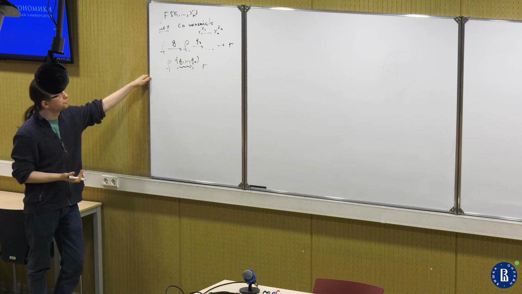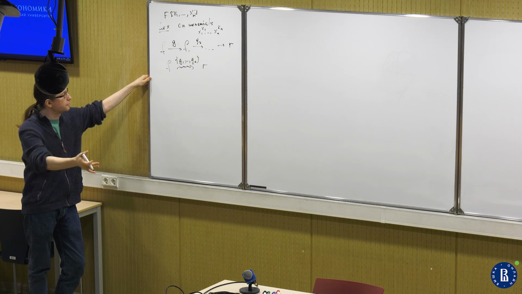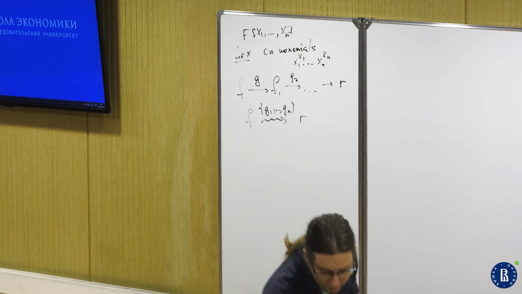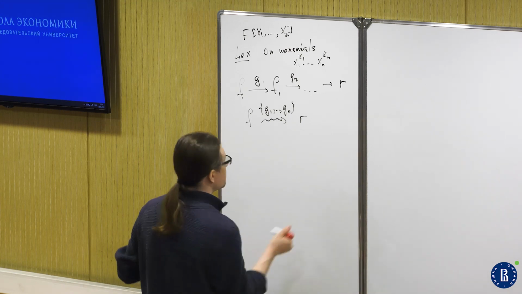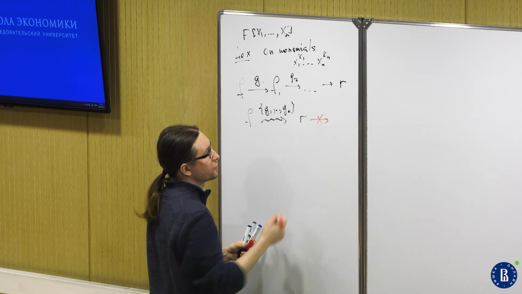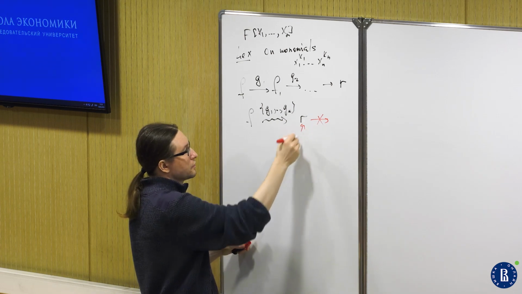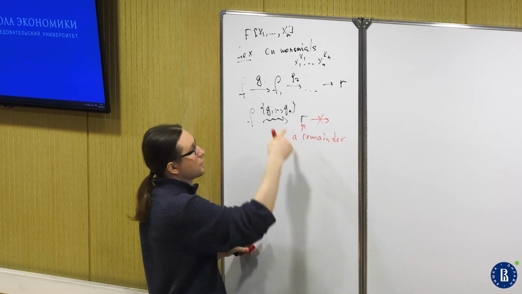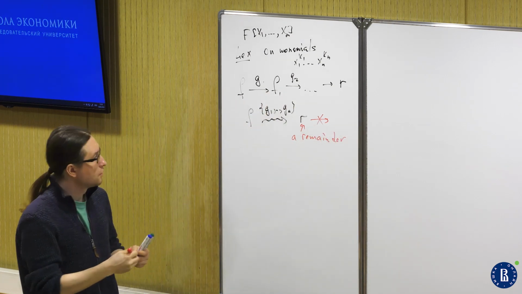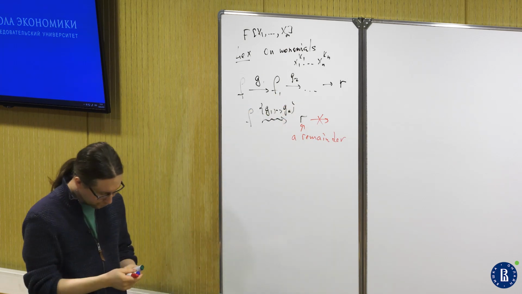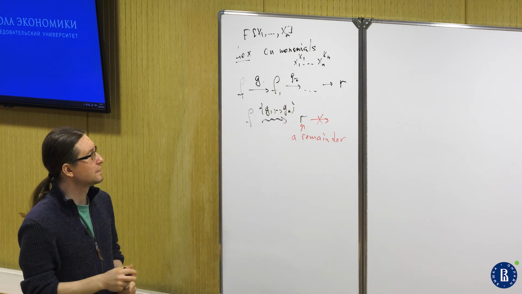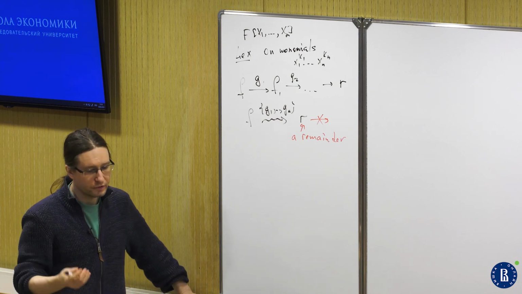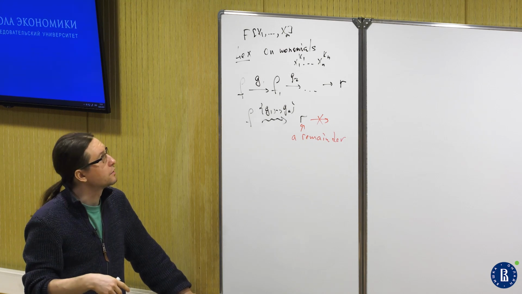If you cannot reduce R any further, then R is called a remainder, with respect to the set of reducers. Okay, so this is what we discussed the last time. This procedure is very similar to the procedure of Euclidean division in the case of one variable.